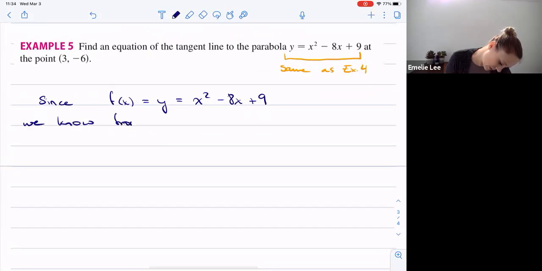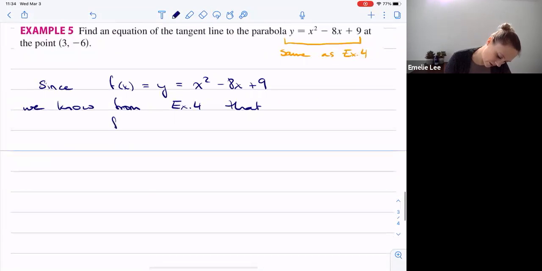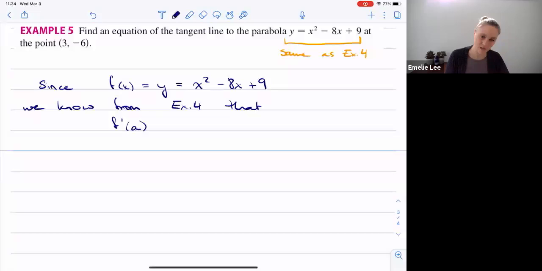We know from example 4 that we found f prime of a, the derivative at some value of a, was 2a minus 8.